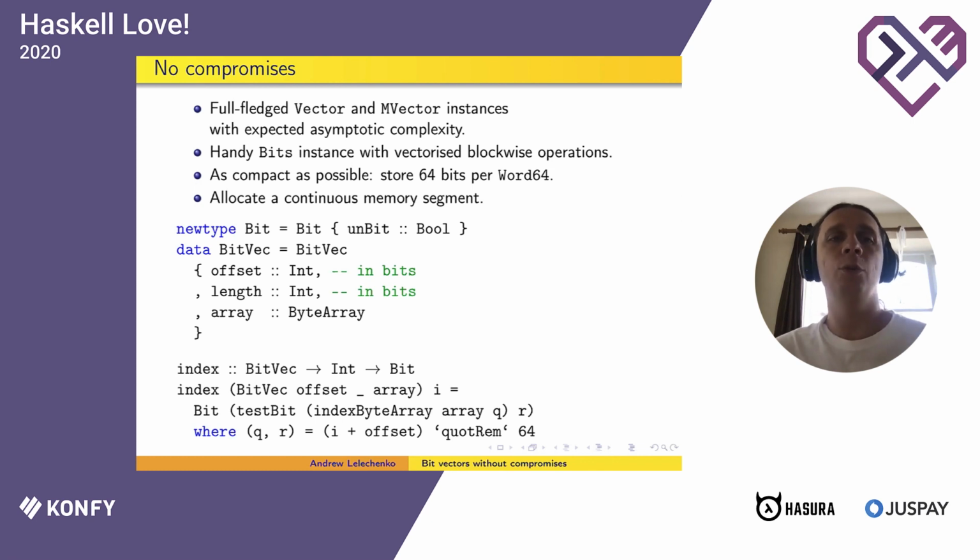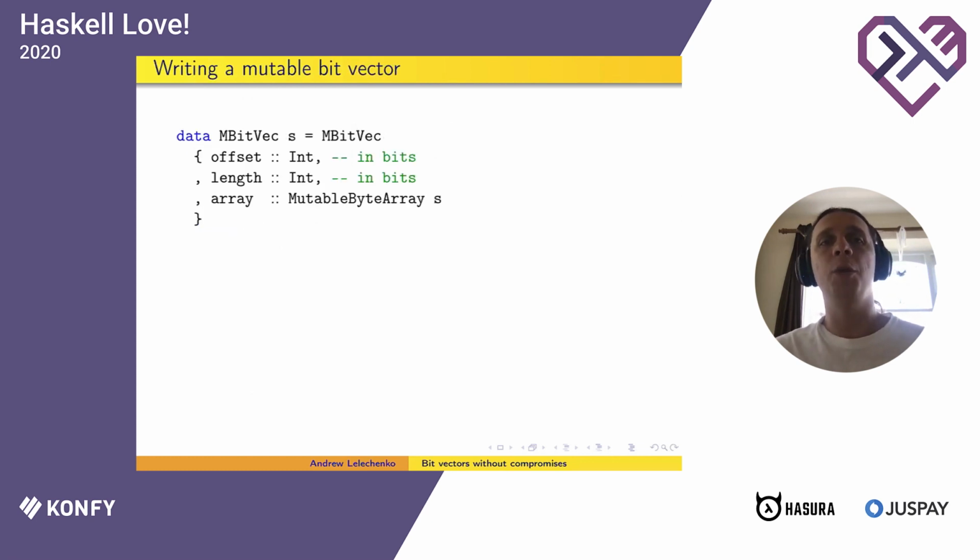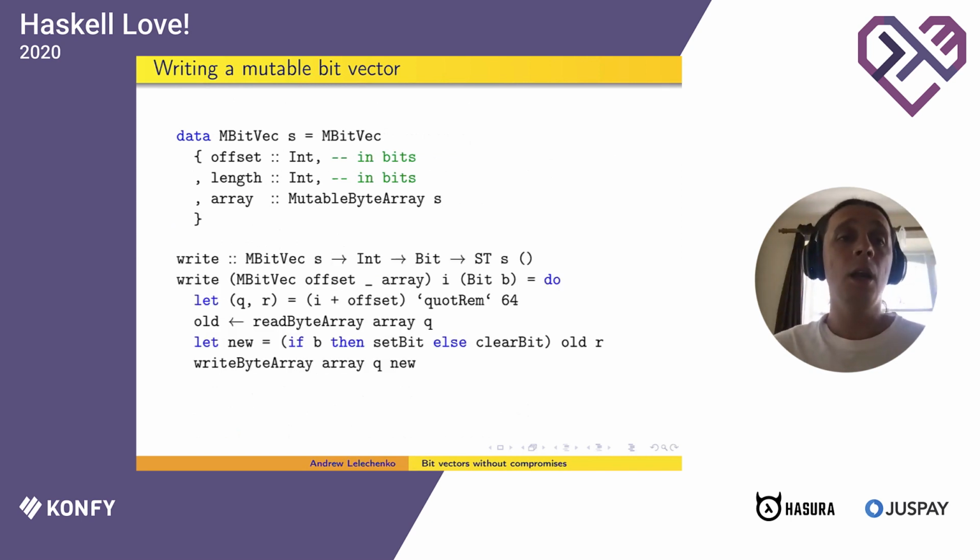Now we need some way to write values into our mutable bit vector. Again, the vector package requires us to define one more data type, which is quite similar to the previous one. Again, we have an offset and a length, and we have an array. This time it's not a ByteArray, but a MutableByteArray. And we can implement mutation of this bit vector, writing, in quite similar spirit to indexing.